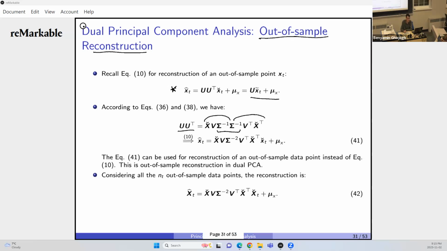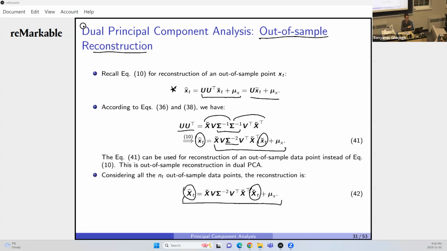Here, sigma inverse appears. Sigma inverse times sigma inverse is sigma to the power minus 2, in other words, sigma inverse to the power of 2. Okay? So I have U transpose X breve plus mu X. And in matrix form, it is this. Vector becomes a matrix, right?